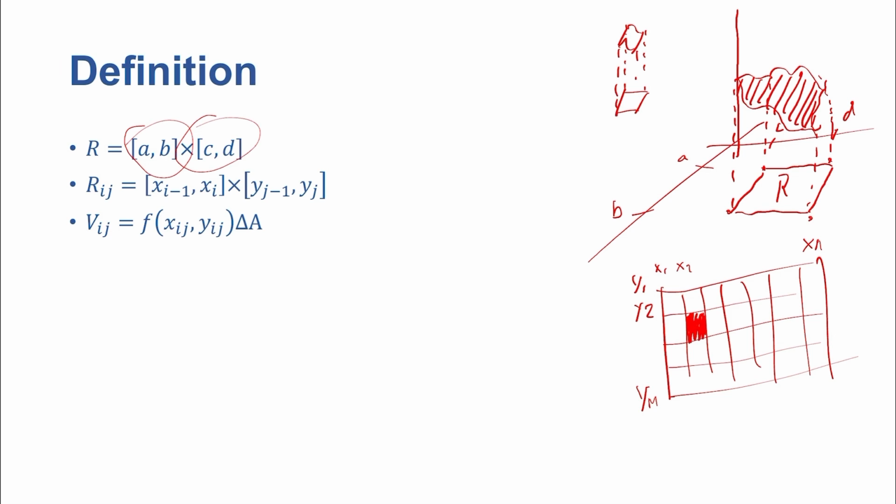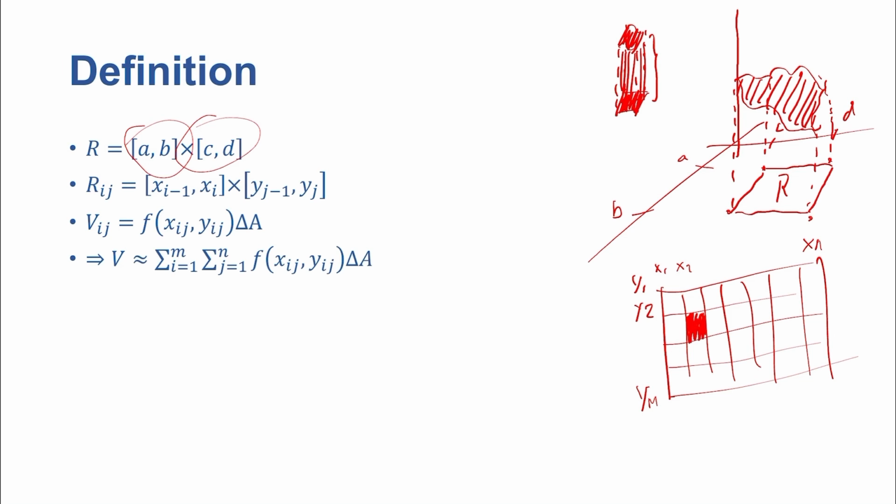That's beneath some little bit of surface here. I want to find the volume in here underneath the surface. Then what I do is I just multiply the height. This is the height, and the height is going to be f of x sub ij, comma y sub ij, times the little change in area, which we have down here, which is delta A, as we discussed earlier.